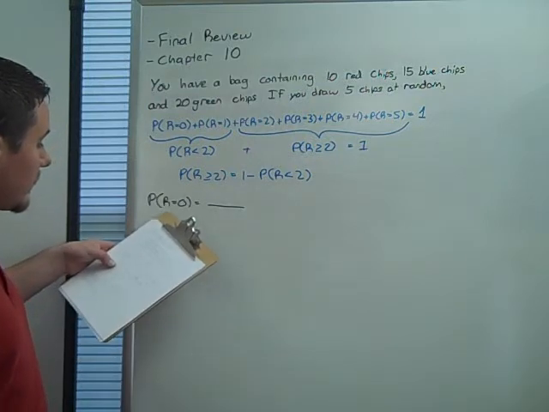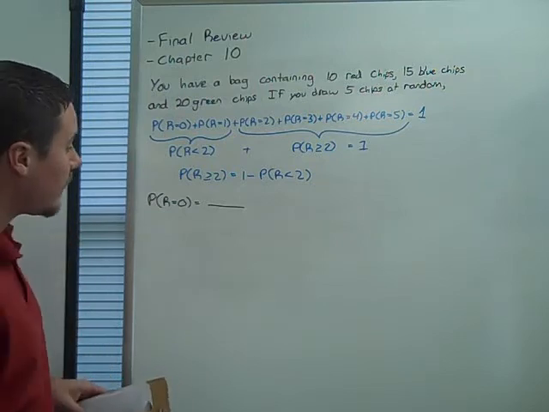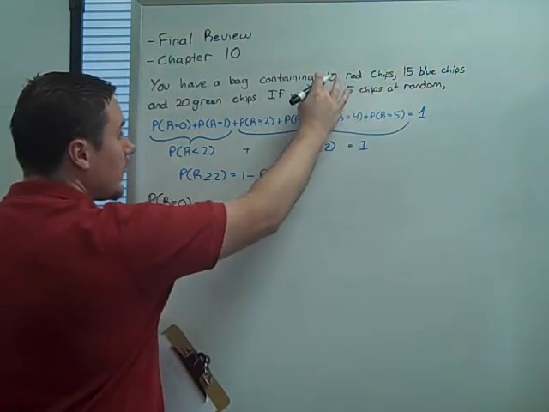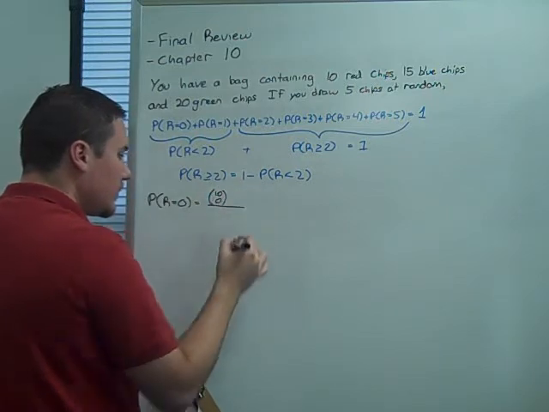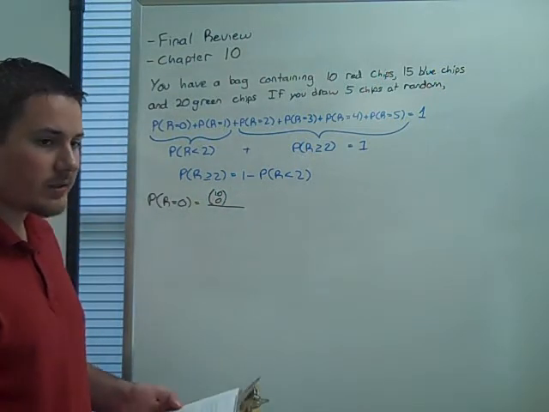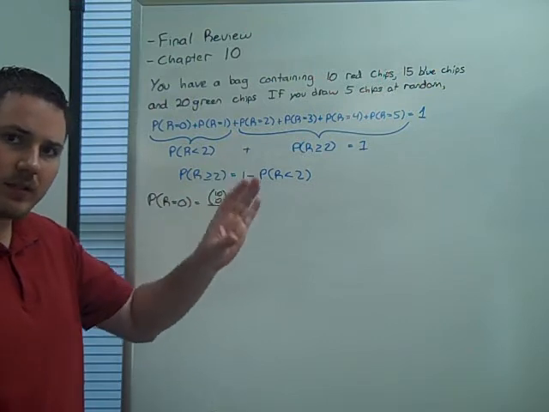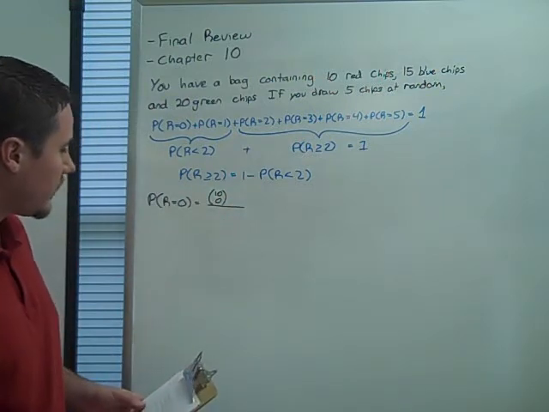Here, success is defined by having 0 red. So how would I get 0 red? Well, I would have 10 choose 0. You don't have to write this because it's 1, but just so that you can see the patterns, I'm going to write 10 choose 0.